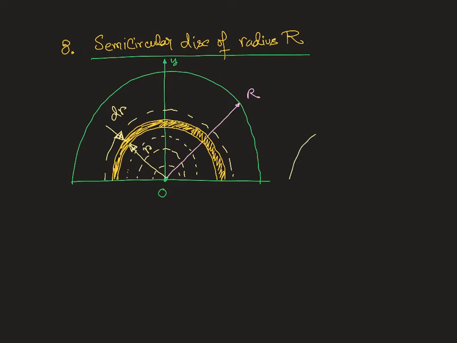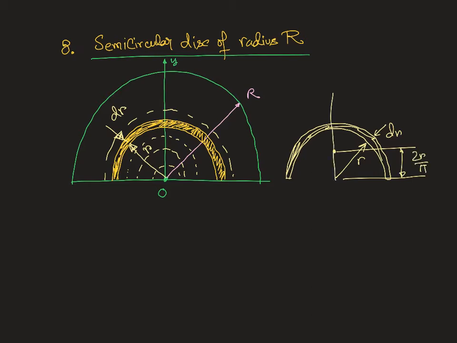So now let's concentrate on the ring, a semicircular ring of radius r, thickness dr. Where is the center of mass of that? The center of mass is at 2 small r by pi, as we have calculated it before.